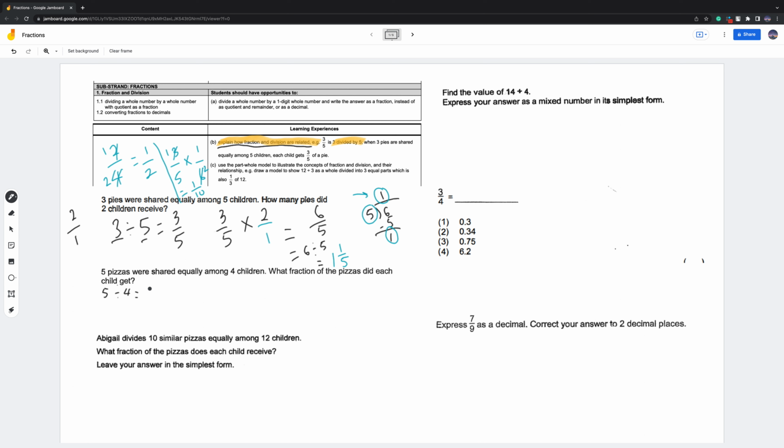And what do we get? Remember, we want what fraction here? So we have 5 over 4. So the same thing, we have an improper fraction. So we do the working. 5 divided by 4. So what do we get? 1 times 4 is 4.